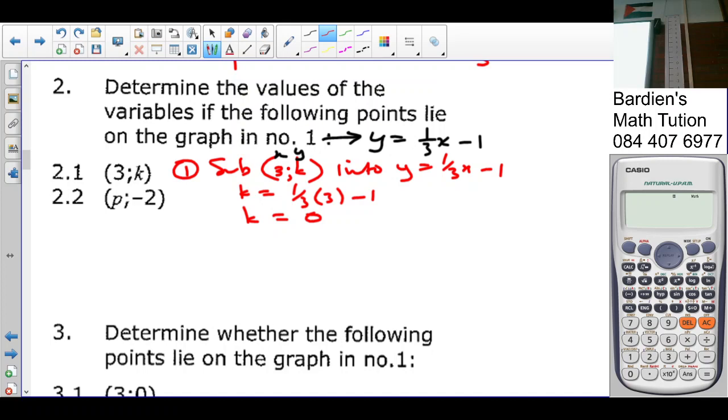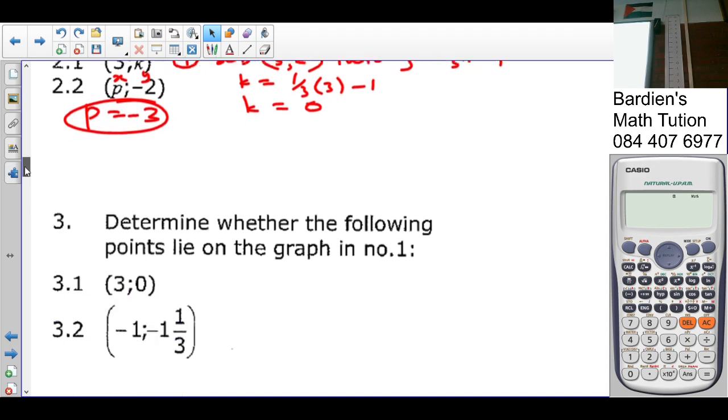Right, if we do 2.2, your p-value works out to be negative 3. Again, you do the same, but that's your x and your y. So your p-value there is negative 3. Any issues there?